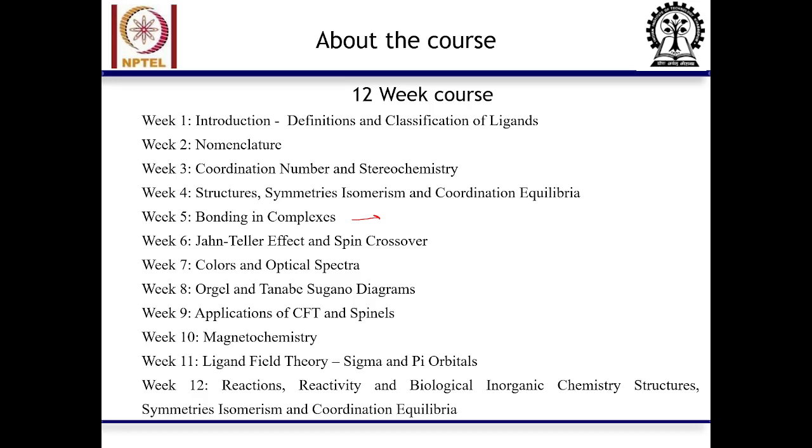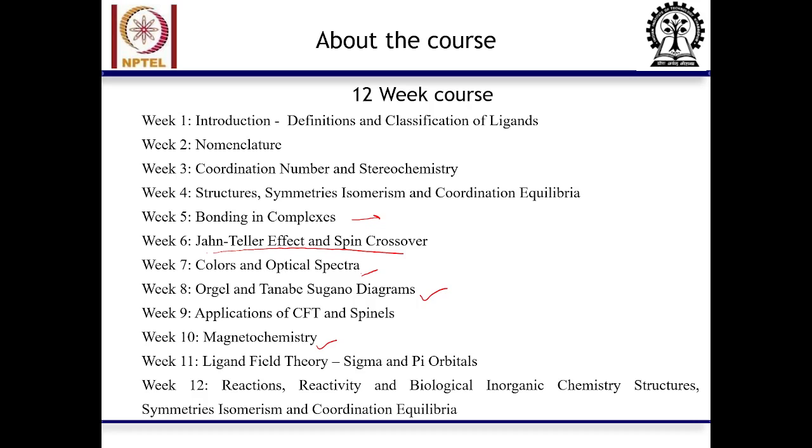And then he will use the crystal field theory to explain the Jahn-Teller effect and spin crossover, and also to describe the color and optical spectra of the coordination complexes, and the role of the Orgel and Tanabe-Sugano diagrams in assigning the peaks in the electronic spectra of coordination complexes. And then he will discuss the magnetic properties of coordination complexes.